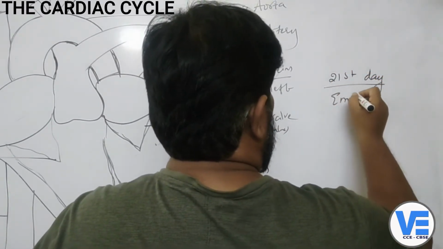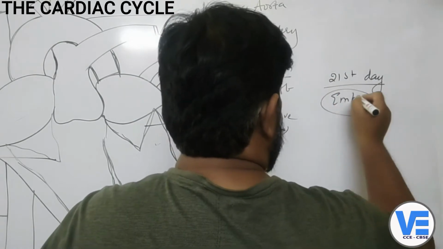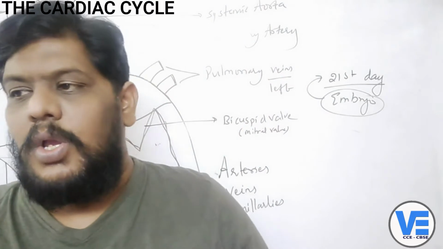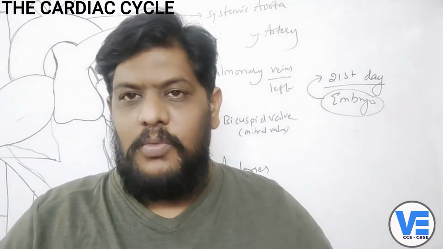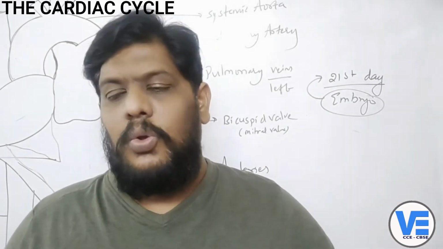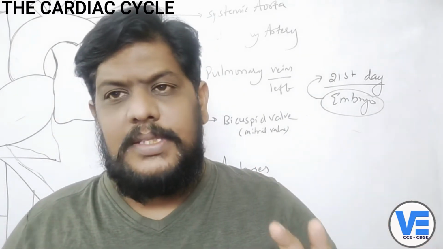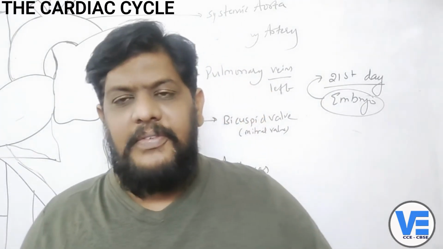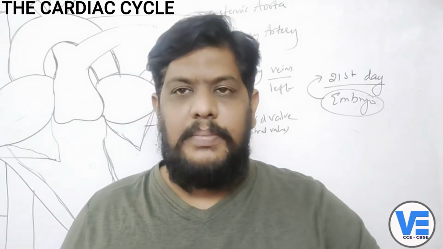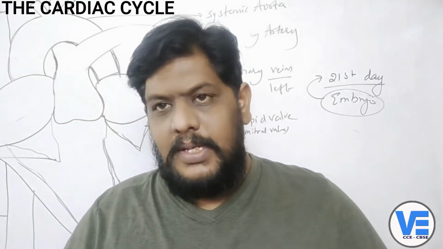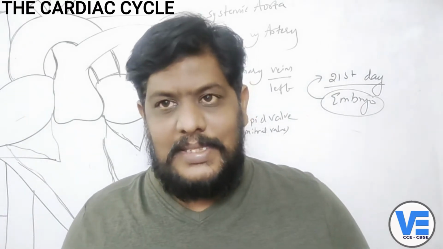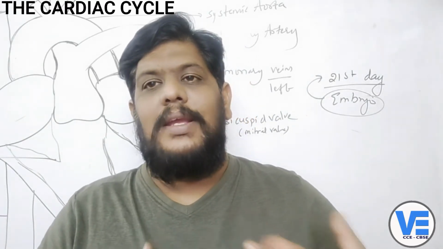The embryo will start its heartbeat at exactly the 21st day in the mother's womb, so it is called the fetal heartbeat. The heartbeat is such an important thing that if it stops, the person will die. There is no second thought in that.